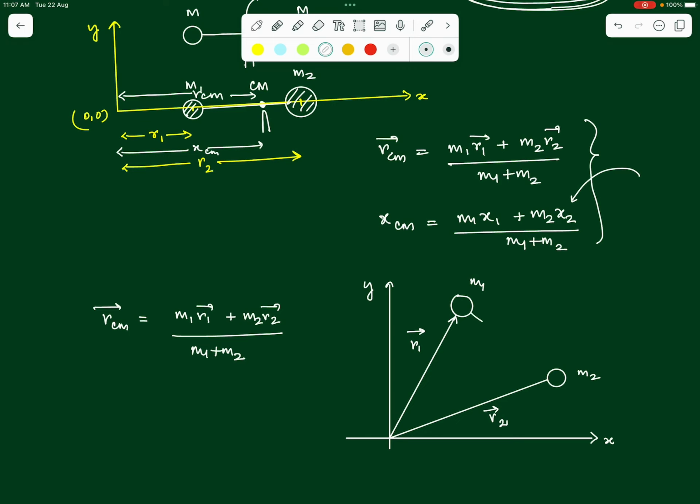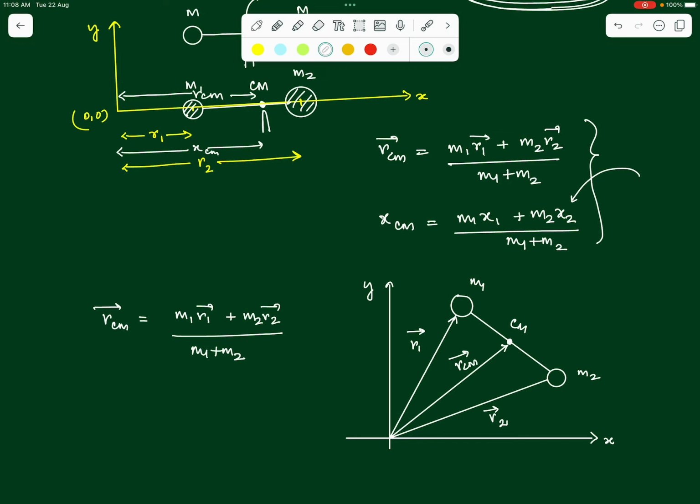Understand that in this case, the center of mass will lie on this line, the line joining the two masses, somewhere over here, depending upon which mass is heavier and which one is lighter. And this is the position of center of mass that we shall get as a vector R_CM. So, in general now, if we have particles placed anywhere in space, we can find out the position of their center of mass.